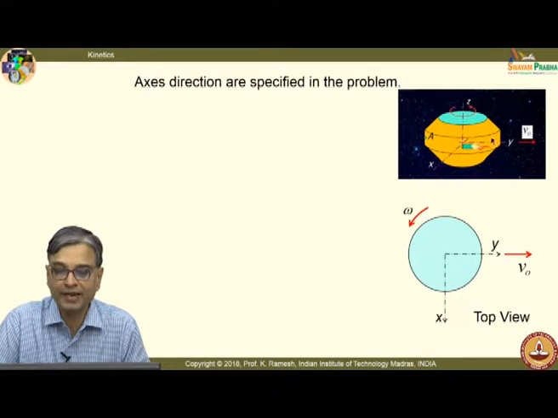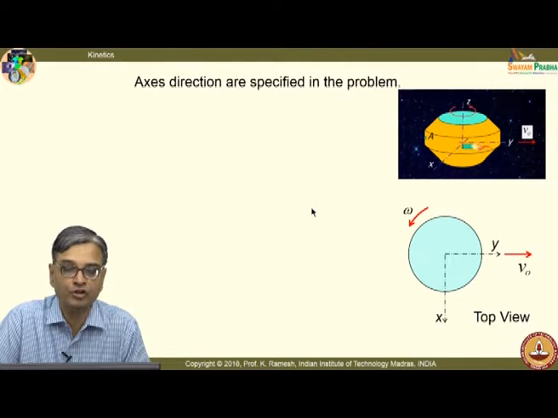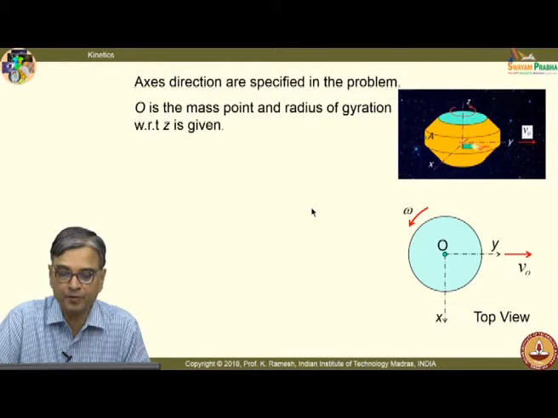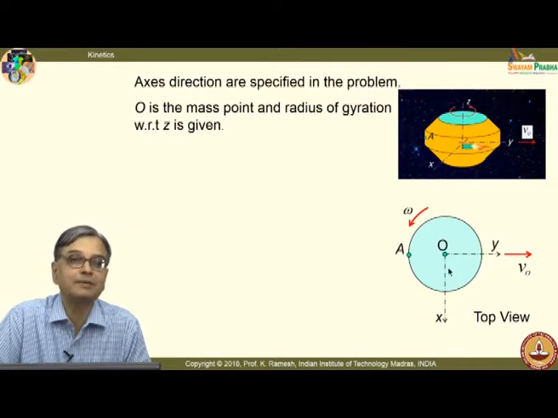So, it is spinning counterclockwise, and this is the angular velocity, and you have the thrust motor attached here. So, when it is started, it is going to create a thrust, and that needs to be put, and it is labeled as O, that is nothing but the mass point.